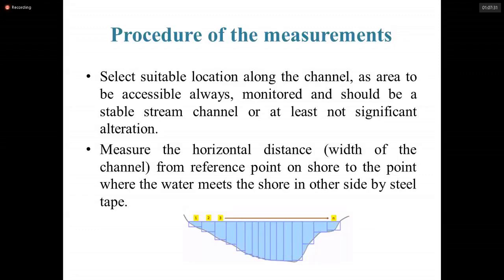To calculate the discharge, what are the parameters we need to measure? Area and the velocity. In area, we need to measure the horizontal distance, this width, and what is the next parameter to calculate the area of this channel? First one is width. Second one is, tell me.